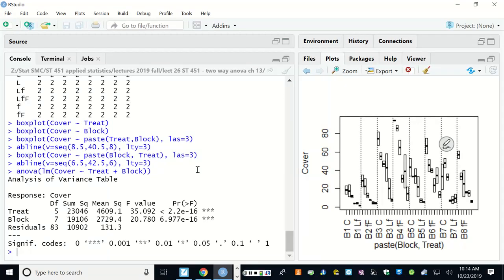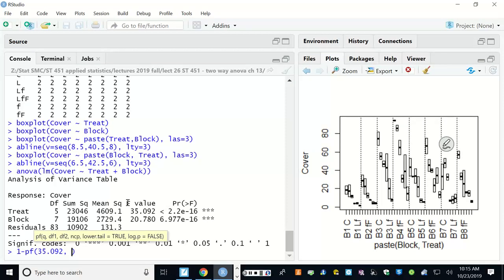The F values are the ratio of this mean square to 131, or this mean square to that. Both rather large, right? And then it would use an F distribution with degrees of freedom to do the test. So for instance, 1 minus the probability, an F probability, the chance that you're less than 35.092.